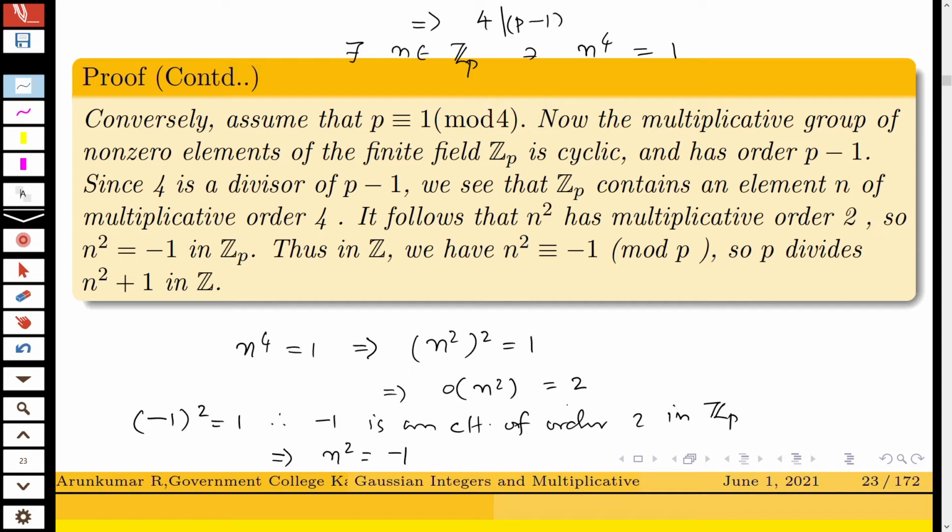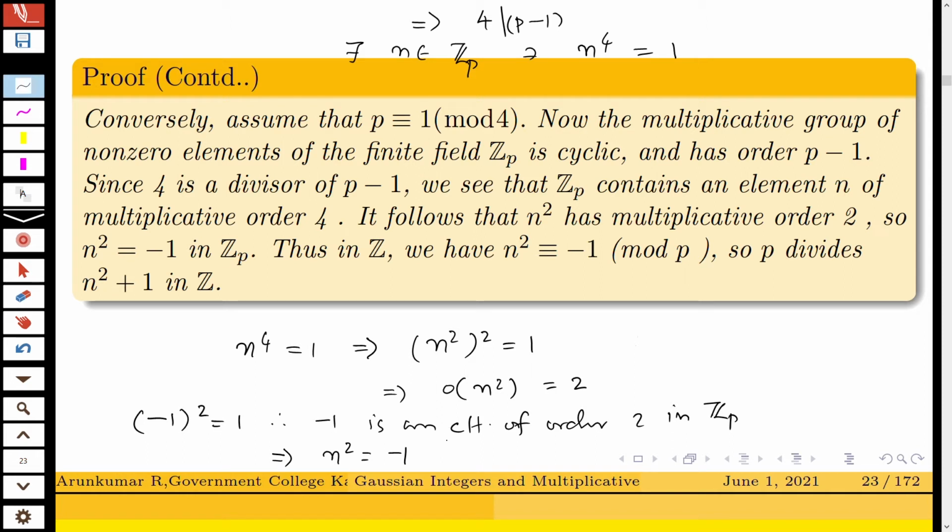You already know that n square has order 2 and you know minus 1 is of order 2 in the multiplicative group of non-zero elements in F_p. Therefore, n square is equal to minus 1. So n square is equal to minus 1 in F_p.